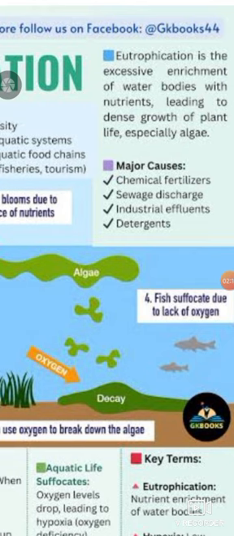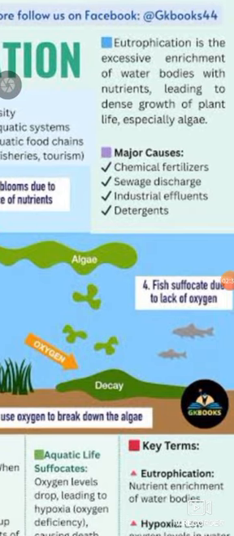So in your exam, if they write which one is not a cause of eutrophication: A, sewage discharge, B, industrial effluent, C, chemical fertilizers, D, organic fertilizers.